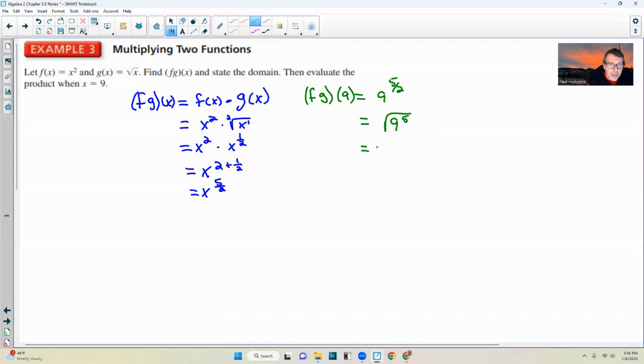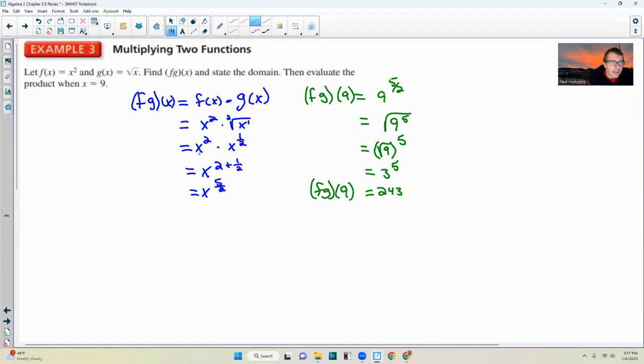If you do it this way, the square root of 9 and then take the 5th power outside, then do what's in the square root first, that would become 3 to the 5th. 3 times 3 is 9, times 3 is 27, times 3 is 81, times 3 is 243. So you can do it without a calculator, hopefully, if you go smaller before you go bigger. Okay, so f of g of 9 is 243.